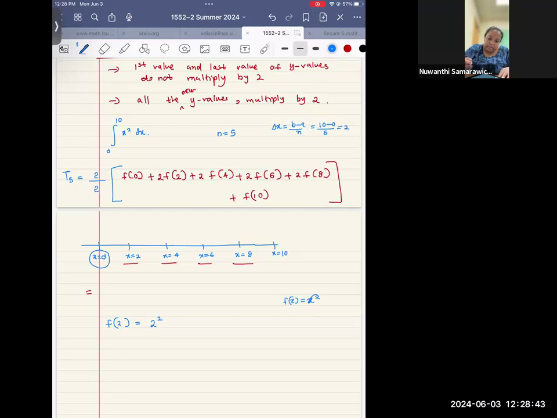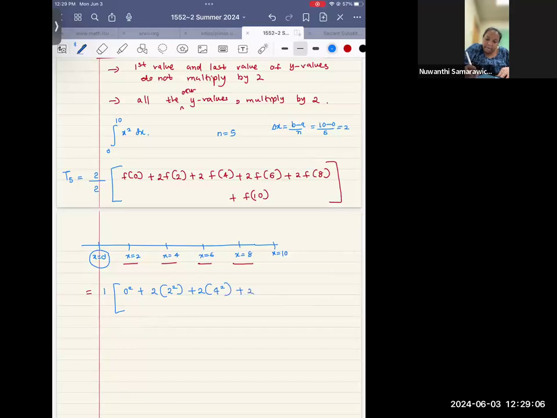So let's do the calculations. 2 over 2 is just 1. f(0) is 0 squared, which is just 0. f(2) means 2 squared, plus f(4) means 4 squared, f(6) means 6 squared, f(8) means 8 squared, and 10 squared.